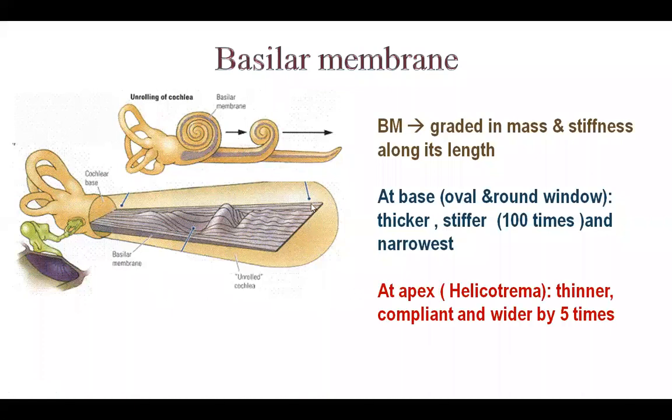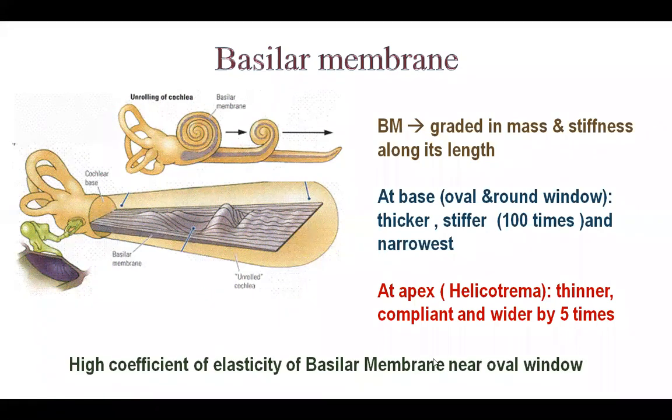When we go to the apex near the helicotrema, it is thinner compared to the base, more compliant, and wider by 5 times. This is how the mechanical properties change across the whole length.